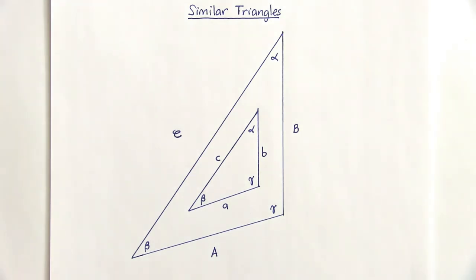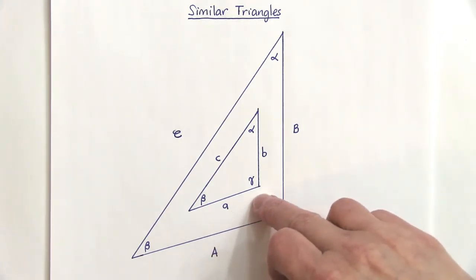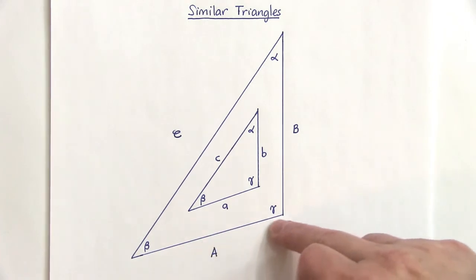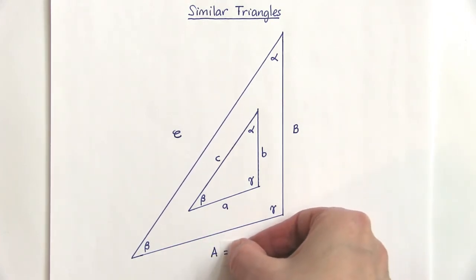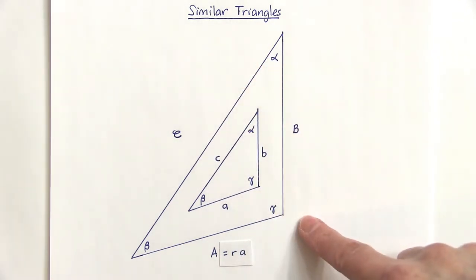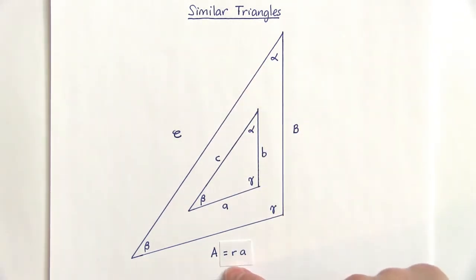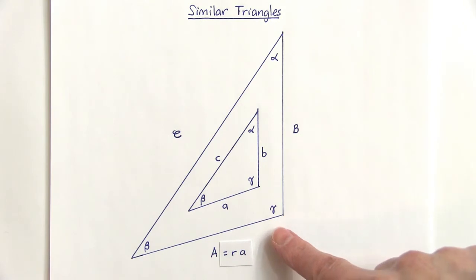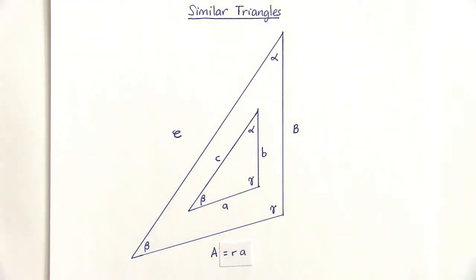And so what happens in this case is that one of the triangles is a scaled up version of the other. So if this is side length A, then this corresponding side length is a multiple of little a. For example, this larger triangle looks like maybe R is 2, because maybe this larger triangle is about 2 times as large as this smaller triangle.